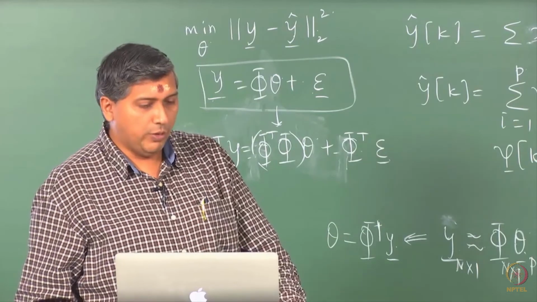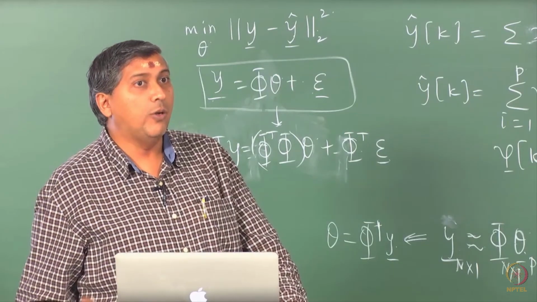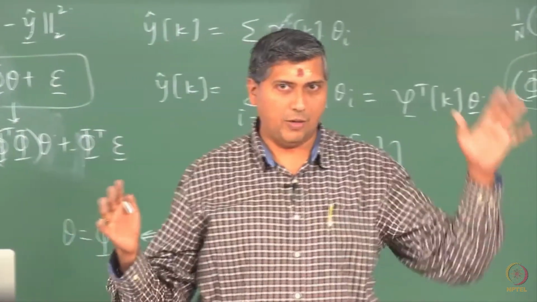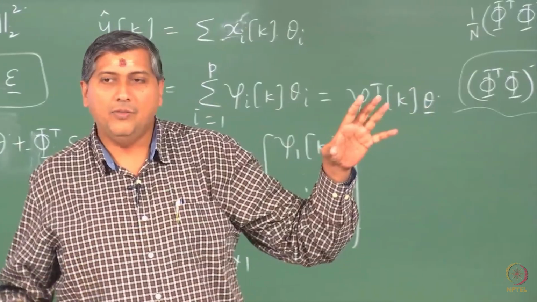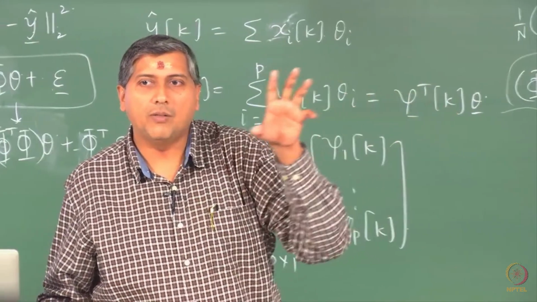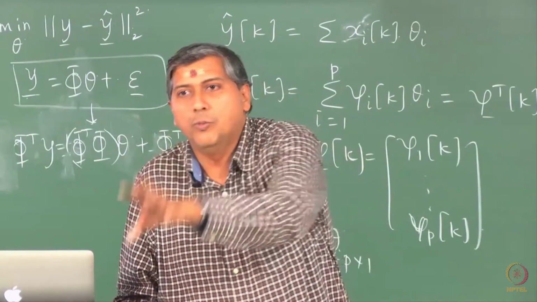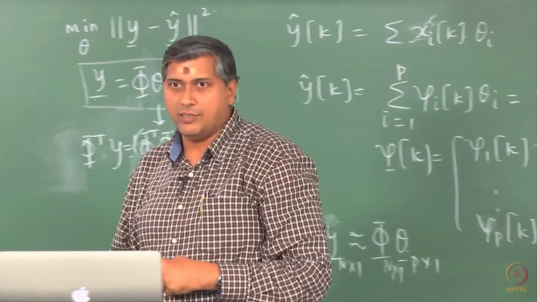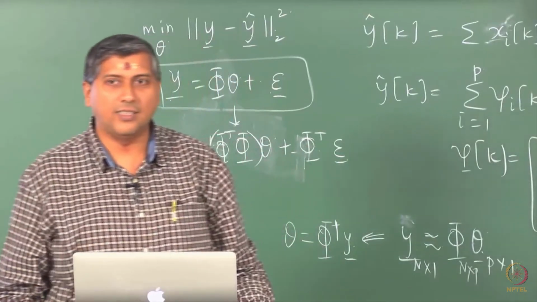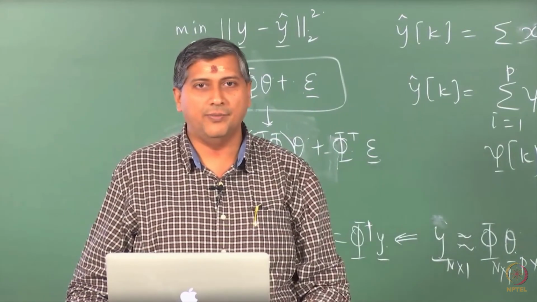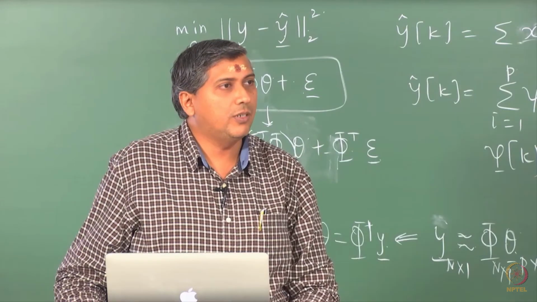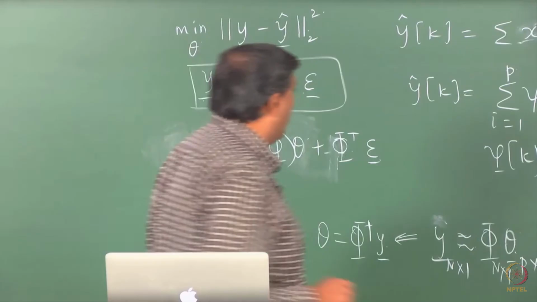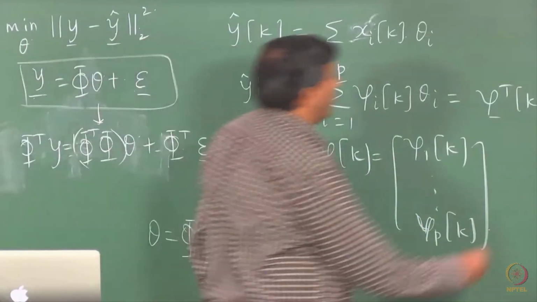So, in computing the inverse of phi, look at the entire spectrum of theory that is available. There is the theoretical least squares problem, then the sample least squares problem, and then a numerical implementation of it. The numerical implementation of least squares is done through either QR factorization or singular value decomposition. One of these is used in implementing the least squares solution, that is, in calculating the pseudo inverse, this part here.